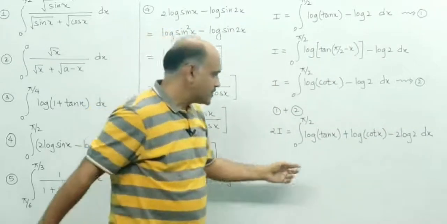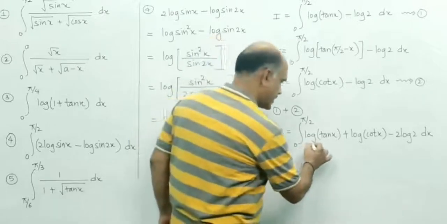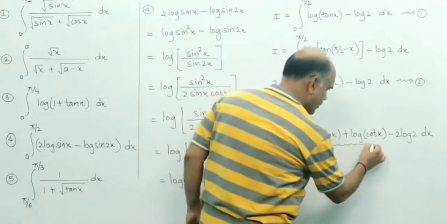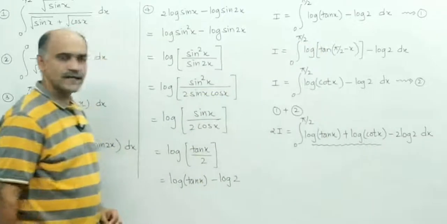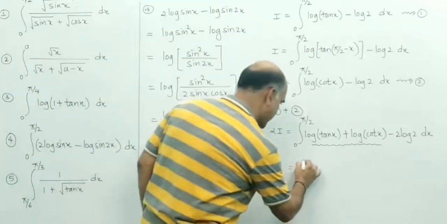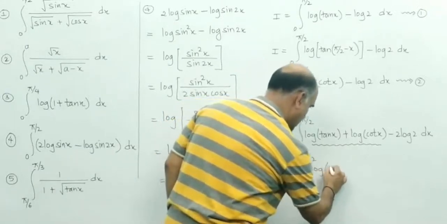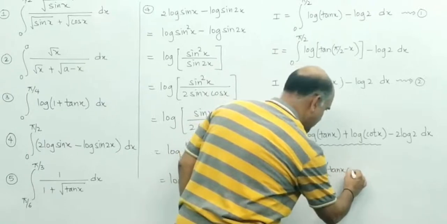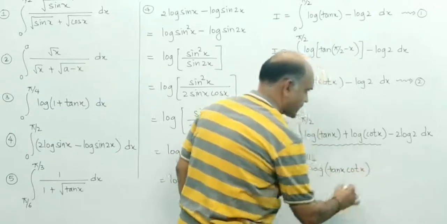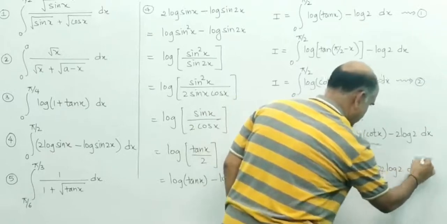Now if you observe here, if I take these two, it is log m plus log n. So log m plus log n I can write as log of m into n. So 0 to pi by 2 of log of tan x into cot x, minus 2 log 2 dx.